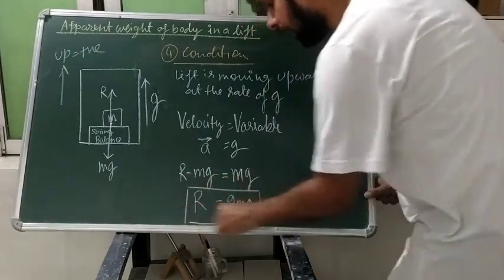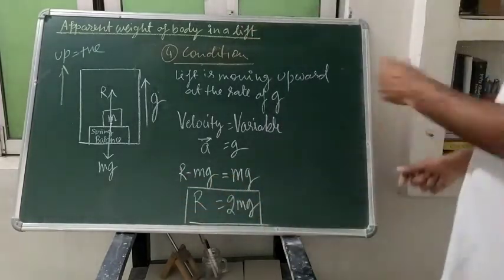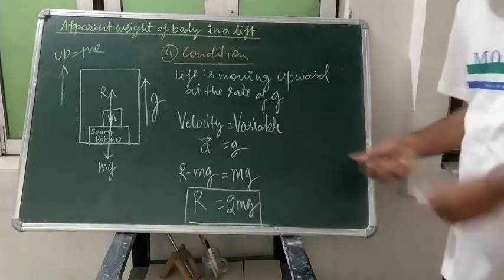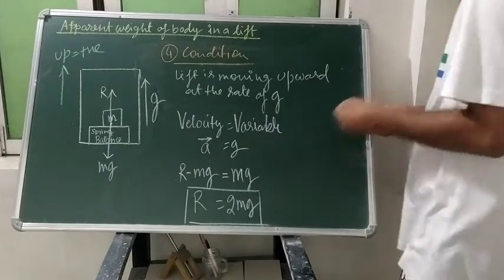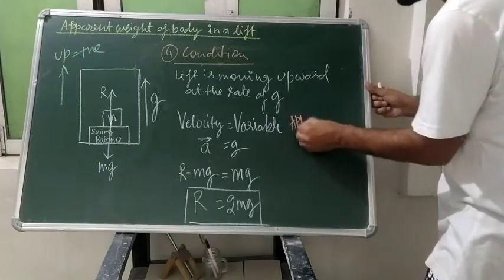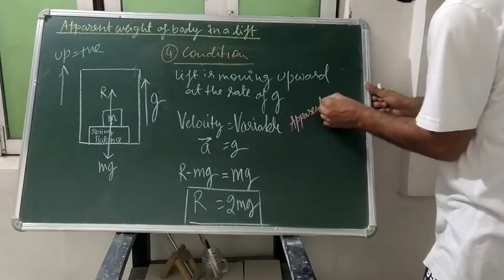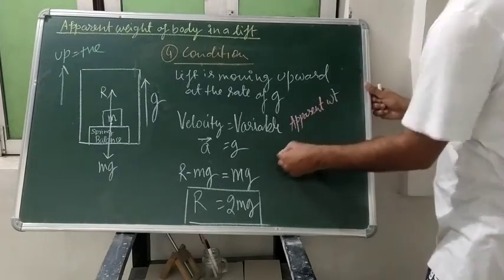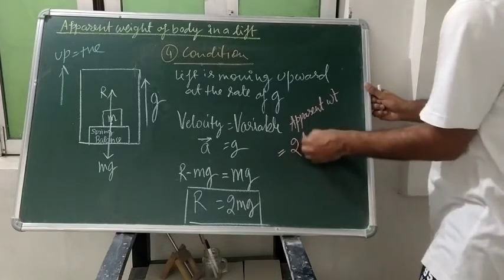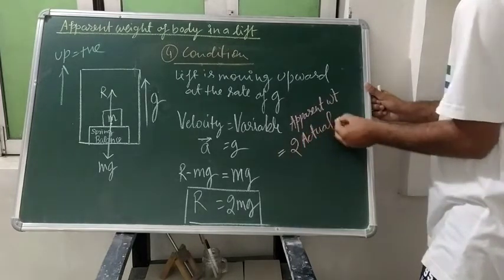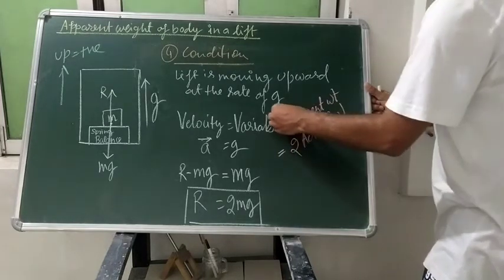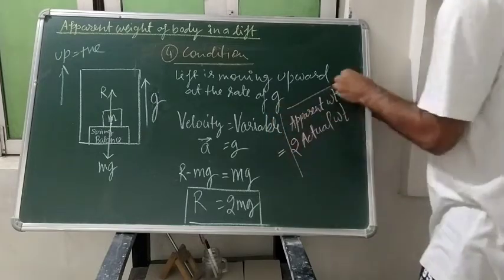So from here you will see, when it is moving upward with the rate of g, our apparent weight in this condition will be 2 times the actual weight.